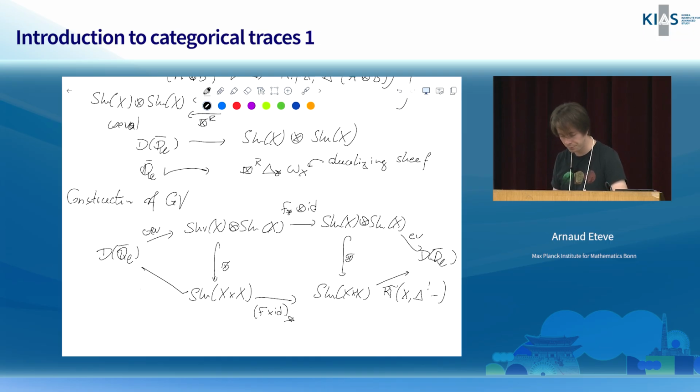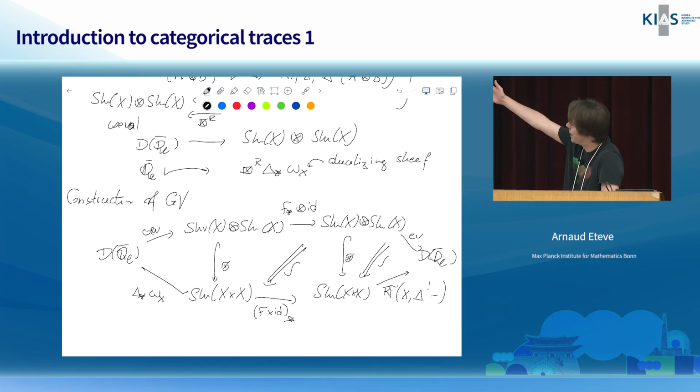And here, a functor out of DQL is just given by an object, and this object is delta lower star of the dualizing sheaf. So I'm writing this diagram to construct a functor out of the categorical trace, which is the composition of the first row. And so these two squares commute on the nose, essentially by definition of the evaluation map, and the middle one just visibly.